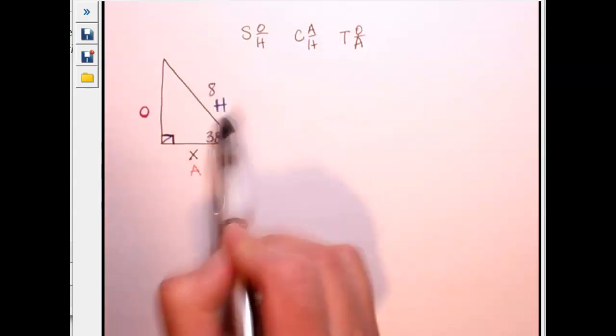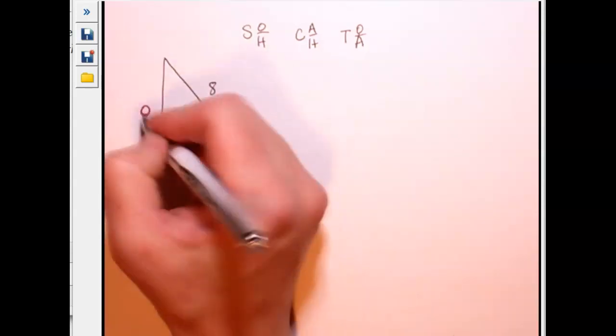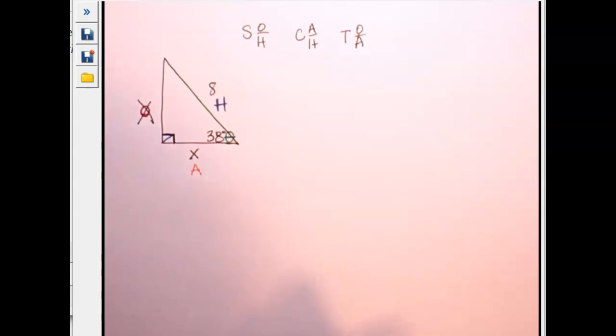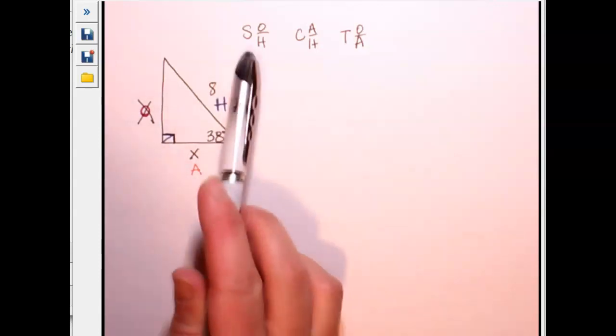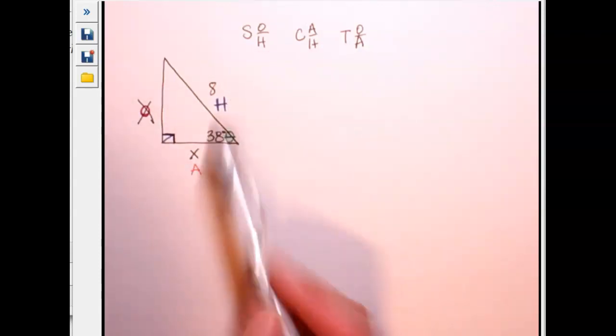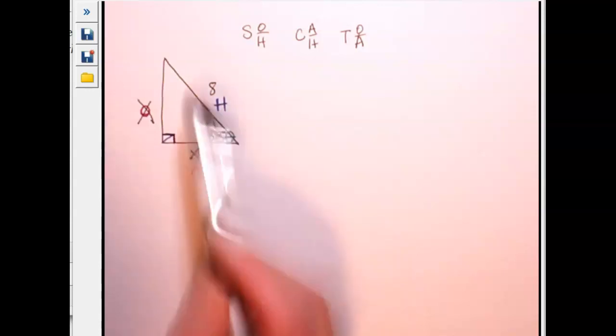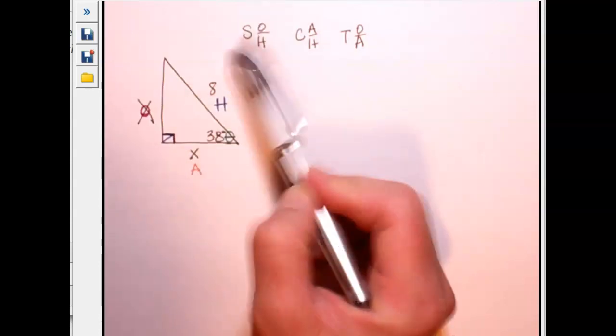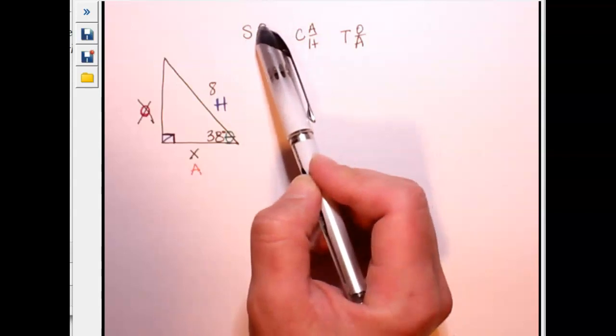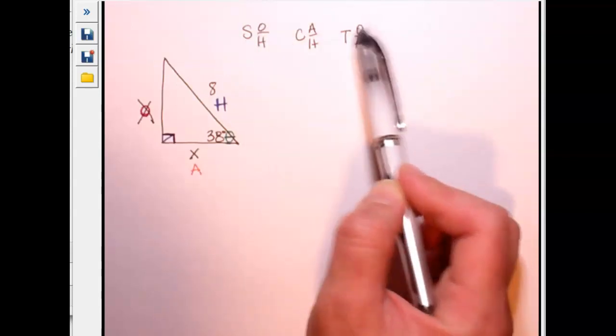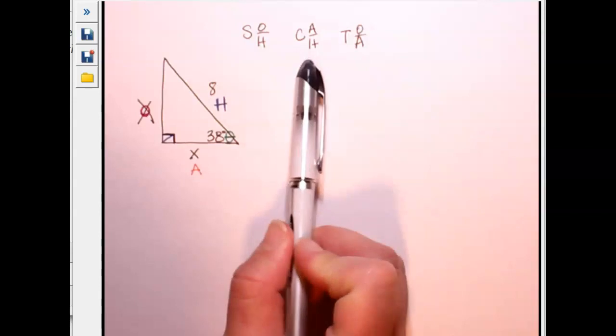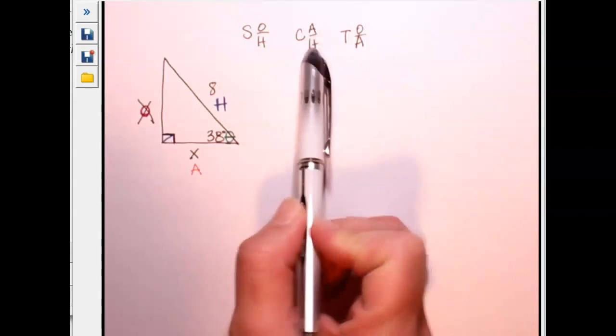We know what the hypotenuse is. It's this one that we do not need. So we're looking for the trig function up here that uses the hypotenuse and the adjacent. So it's not sine because sine uses the opposite, and it can't be tangent because tangent uses the opposite. So it has to be the cosine, which uses adjacent over hypotenuse.